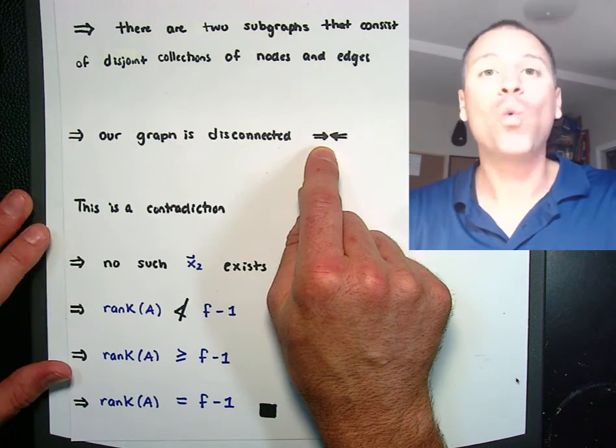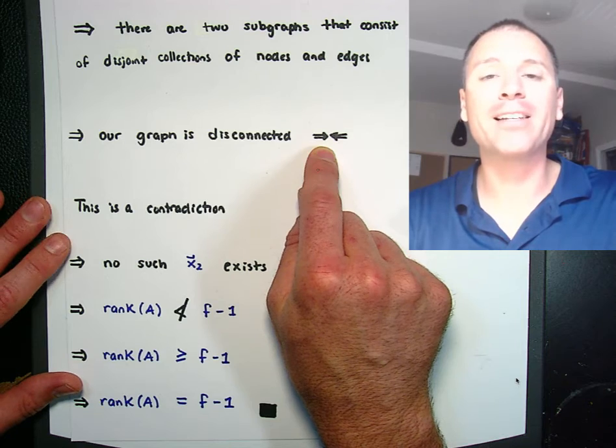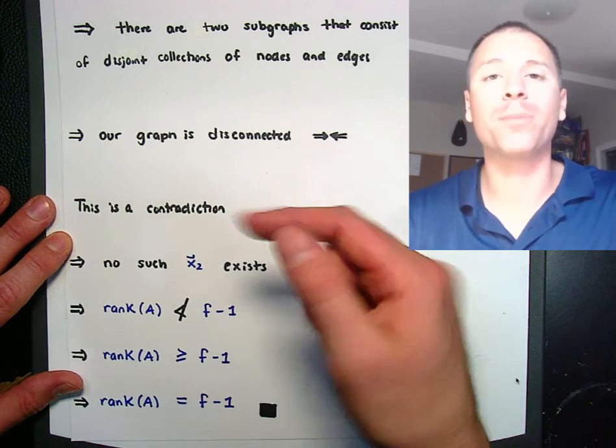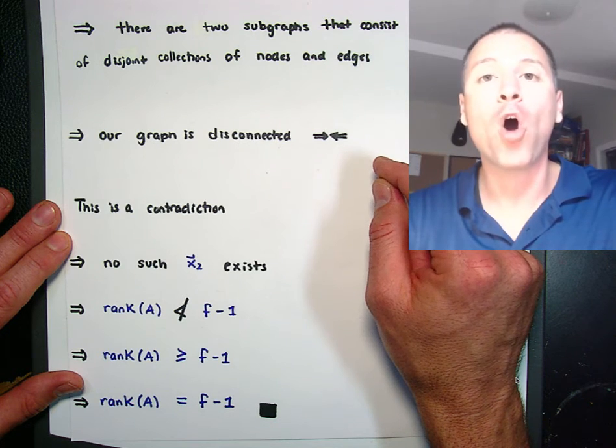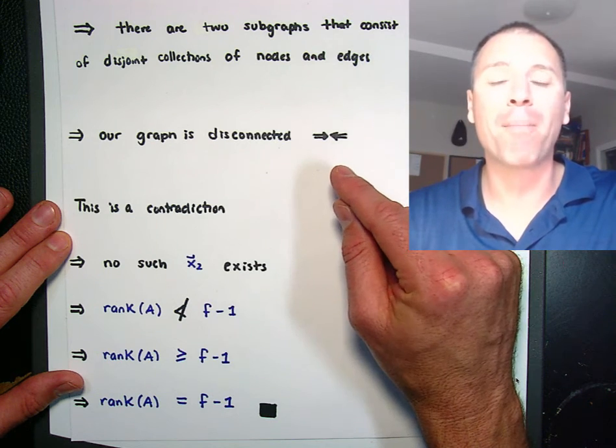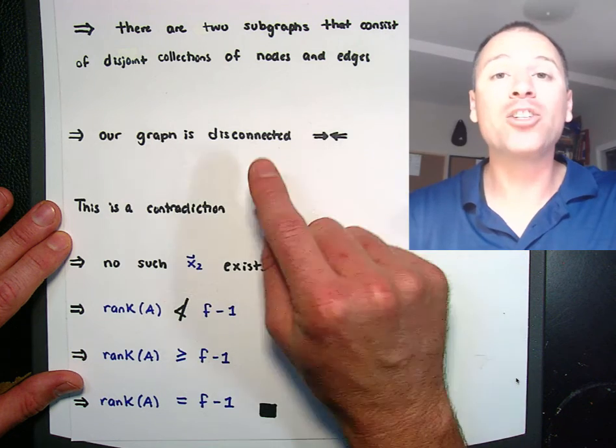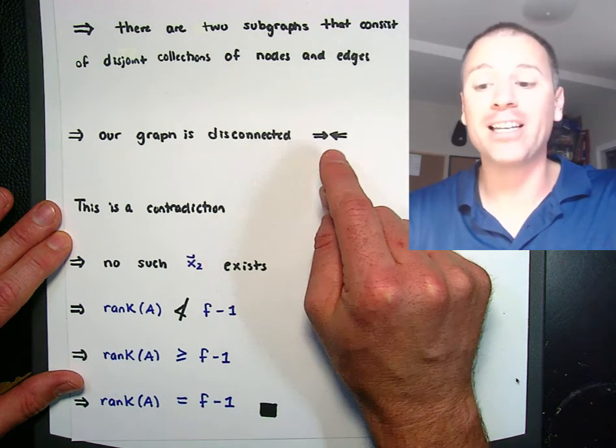That's a contradiction. We started with the assumption that the graph was connected, and then we imposed an additional assumption that the rank of the incidence matrix for that connected graph was strictly less than f minus 1. That led to a contradiction that said the graph was disconnected.